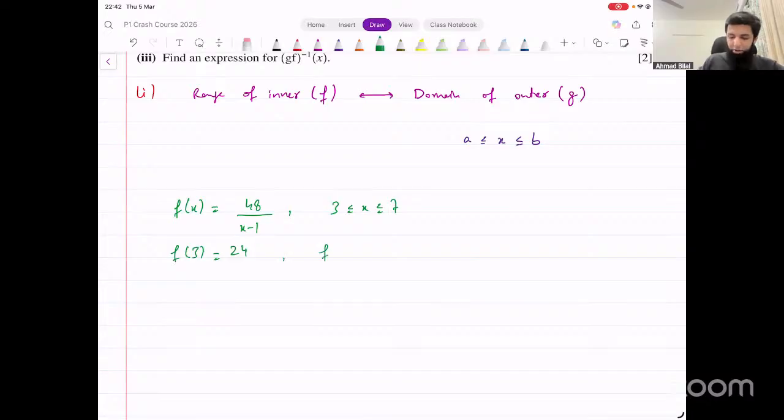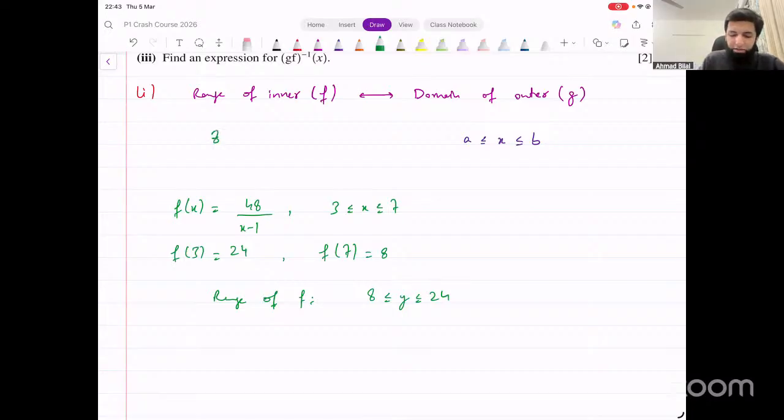And then you input 7. What's f of 7? 48 over 6, that will be 8. So you're getting 24 and 8. So the range of f is going to be between these two numbers, between 8 and 24.